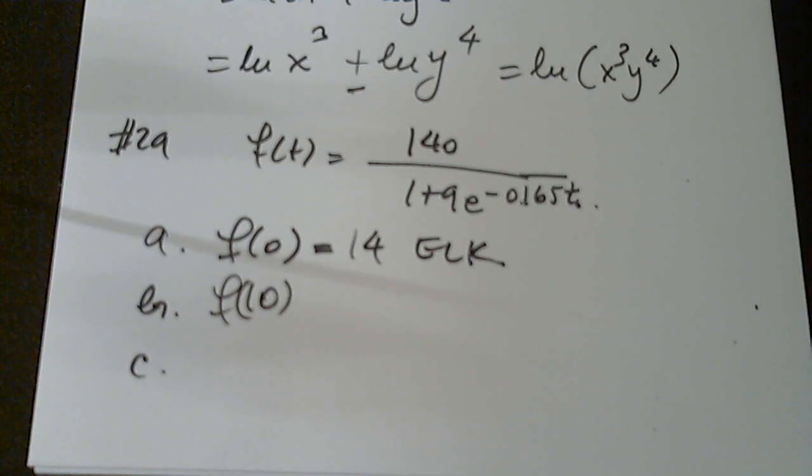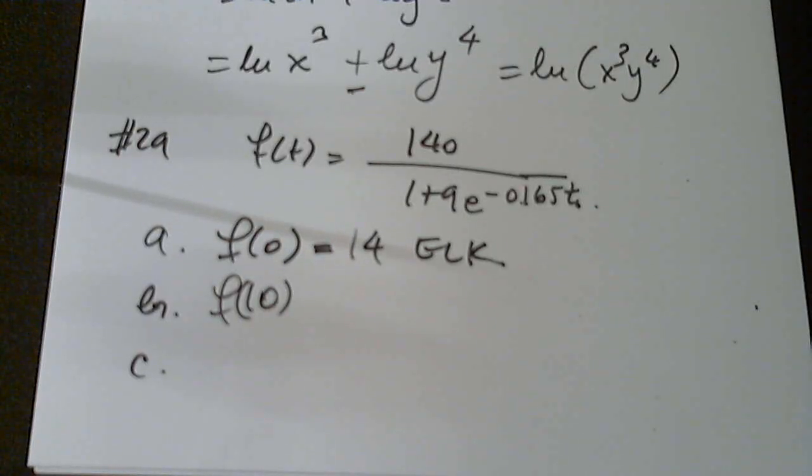So we have 140. Be very careful how you enter it. I recommend putting it in y equals. That's the safest place. 140 divided by, in parentheses, 1 plus 9 times e to negative 0.165t.